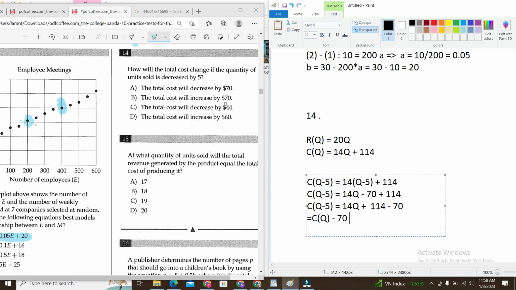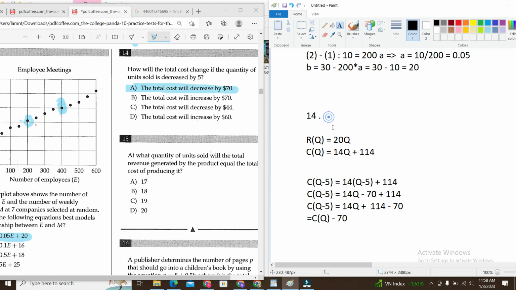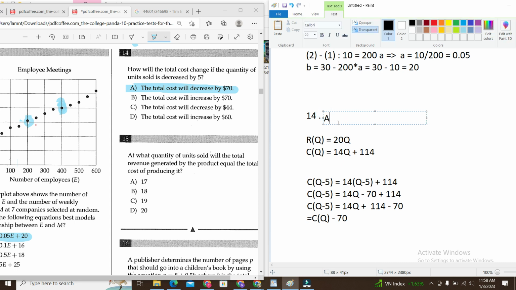So the answer is the total cost will decrease by 70, right? It means decrease, so the answer should be A, because the total cost is decreased by 70.